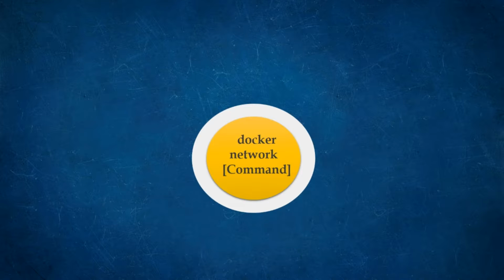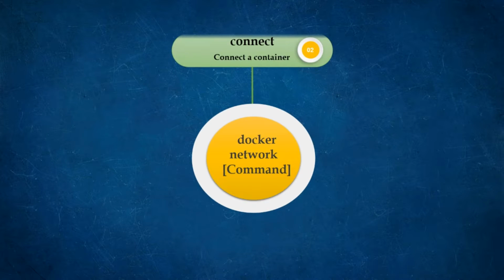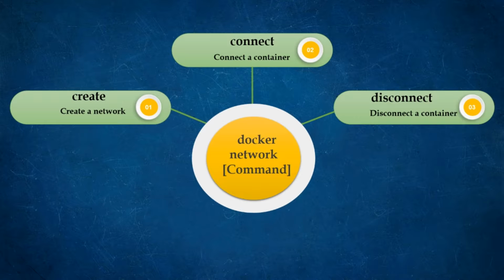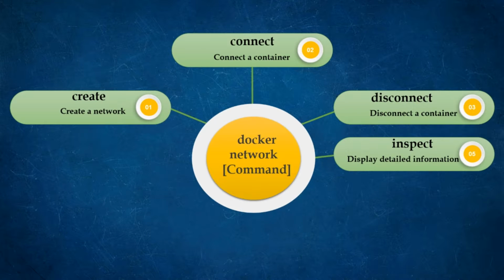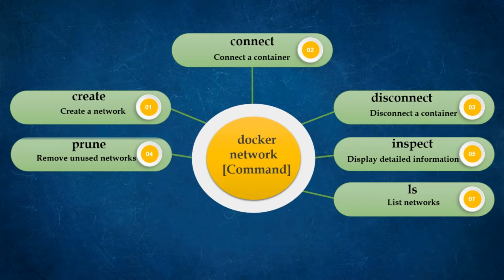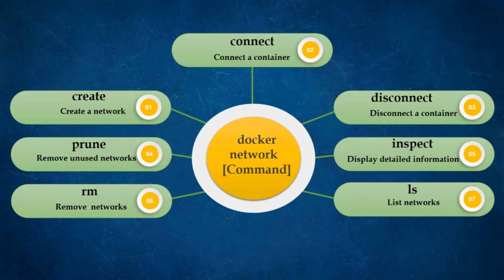Let's see the subcommands of docker network. docker network connect: connect a container to a network. docker network create: create a user-defined network. docker network disconnect: disconnect a container from a network. docker network inspect: display detailed information on one or more networks. docker network ls: list networks. docker network prune: remove all unused networks. docker network rm: remove one or more networks.